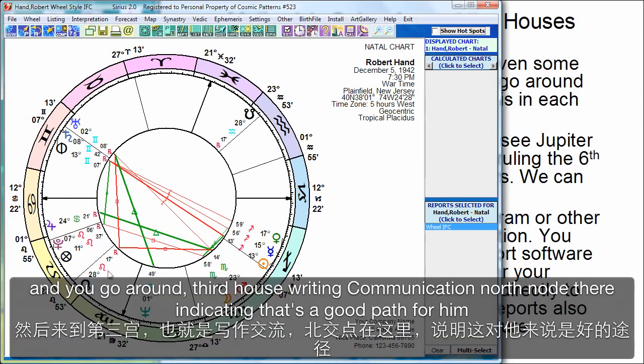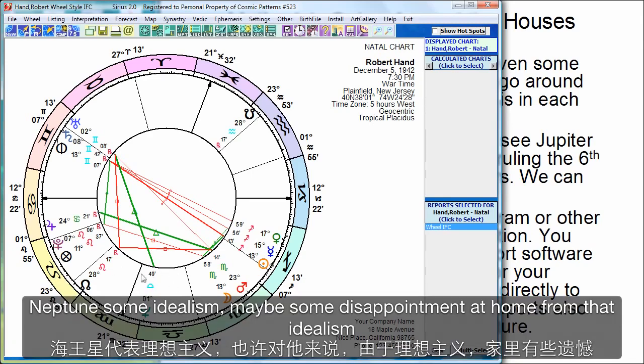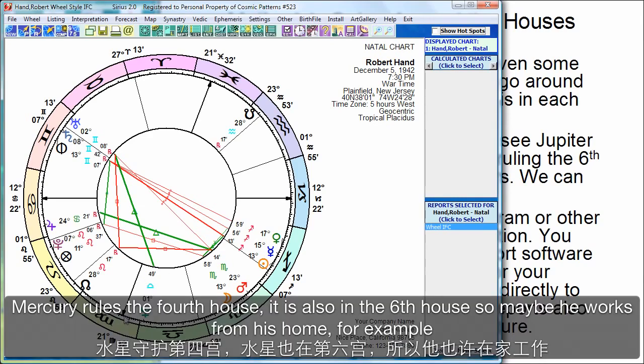And you go around. 3rd house, writing, communication, North Node there, indicating that that's a good path for him. Neptune, some idealism, maybe some disappointment at home from that idealism. Mercury rules the 4th house. It's also in the 6th house.